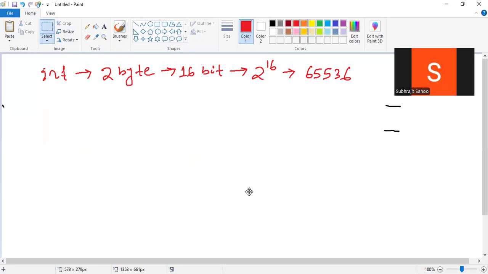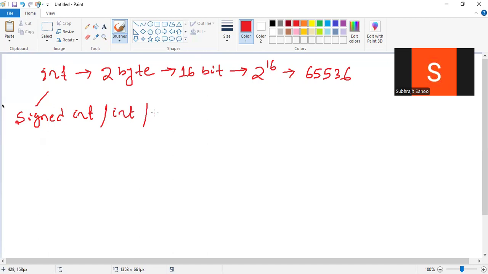Again, this integer is divided into signed integer, okay, signed integer. It is signed integer, or it is also called only int. Int means signed int automatically by default. It is also short int.